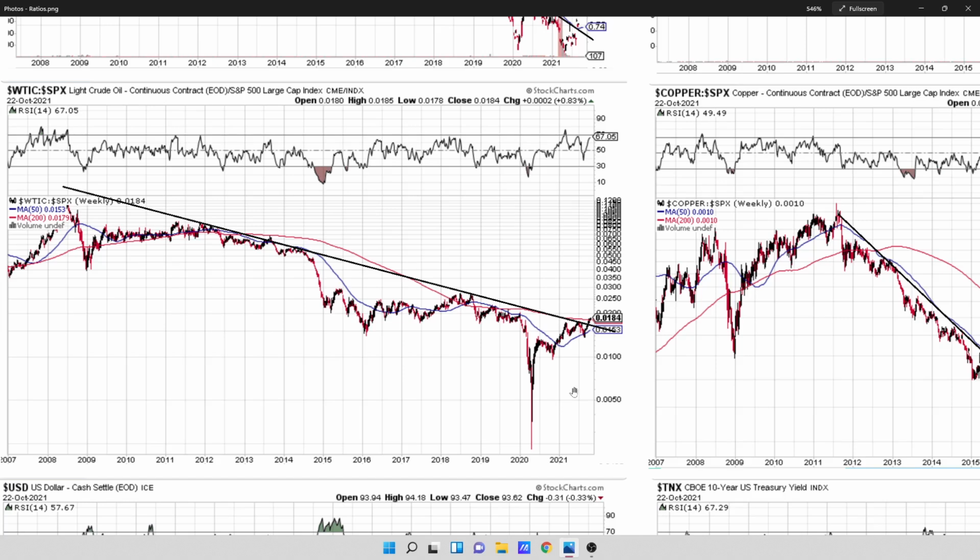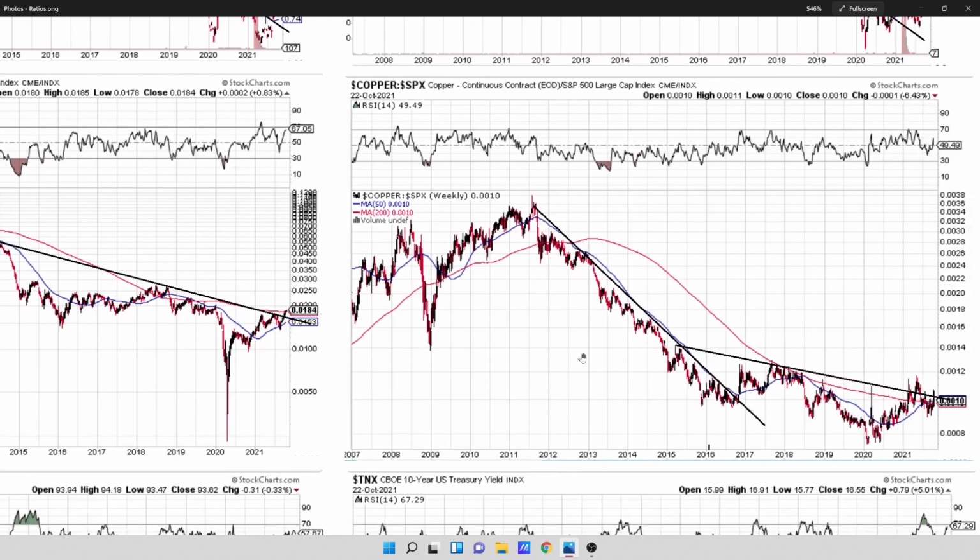So I'm looking at oil to continue to outperform the S&P 500, the actual commodity itself. And then the oil stocks are going to be an absolute winner over time. So we're seeing that oil outperform the S&P.